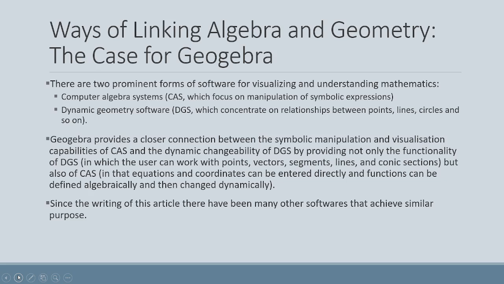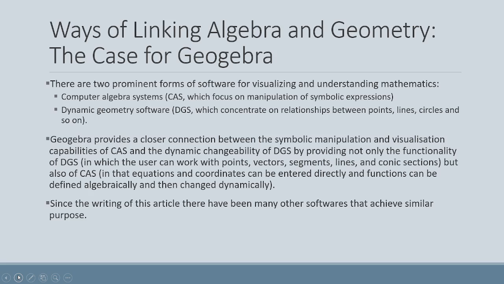I found a study where it talked about GeoGebra being utilized, which is an open source computer software website, and basically I wanted to explain GeoGebra and why it is so important by breaking it down into the two prominent forms of software for visualization and understanding mathematics.